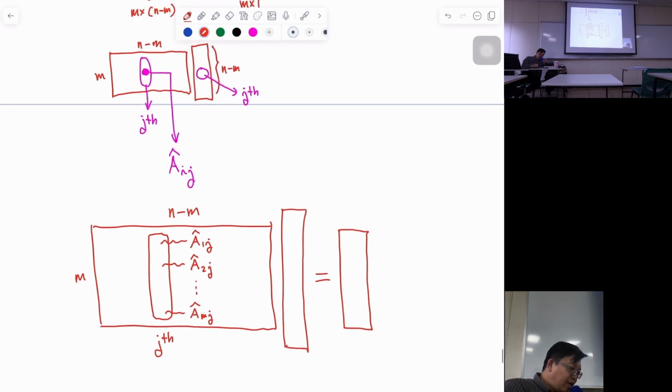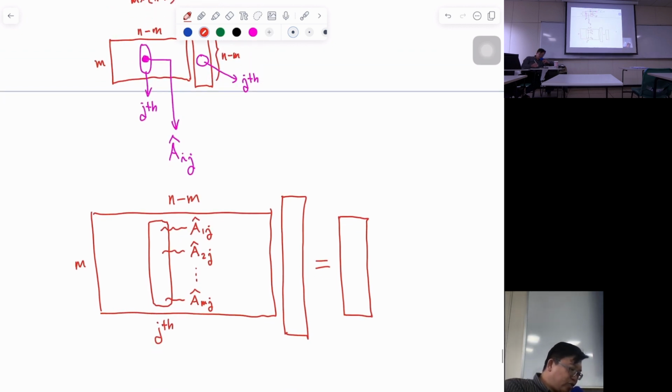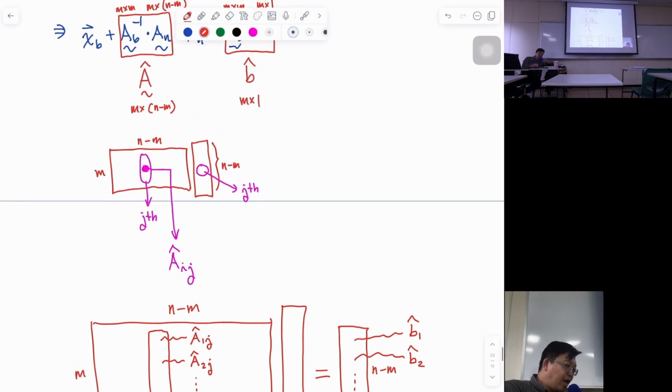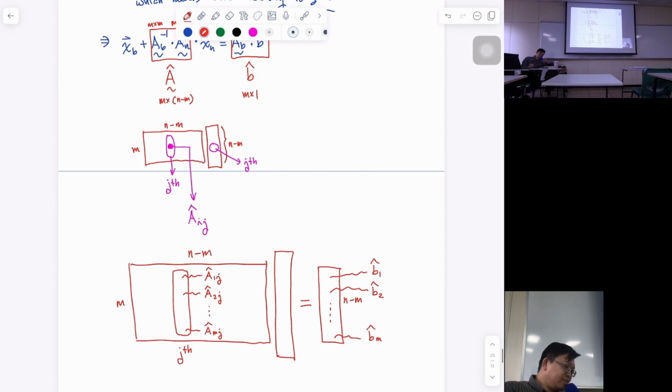And for here, this is n minus m by 1. Then the first one is B hat 1, B hat 2, at the end B hat m, because B hat is m by 1.